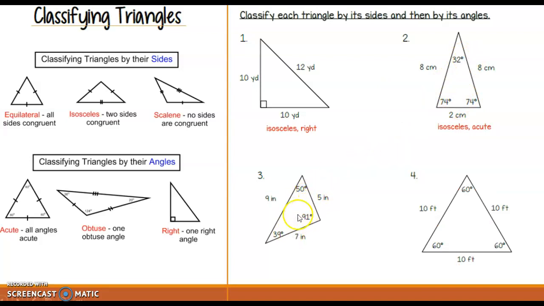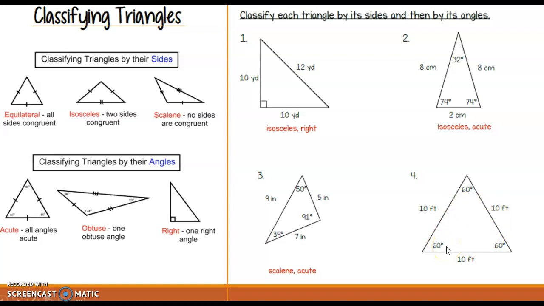Let's look at this next one. None of the sides are the same, so we know we're dealing with scalene. And the angles, we have one angle that's 91 degrees, so it's going to be a scalene obtuse. All right, over here, 10, 10, and 10, all the sides are the same, and again, all the angles will be the same.